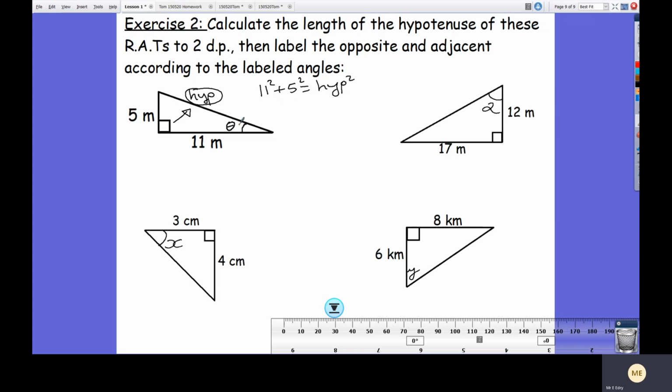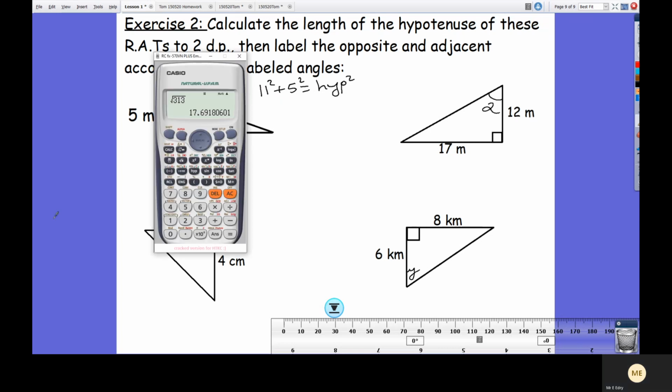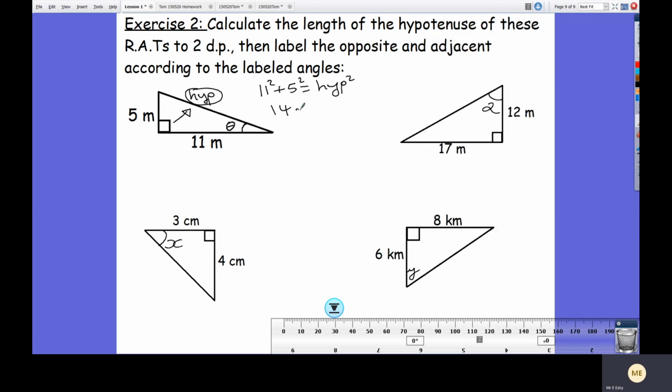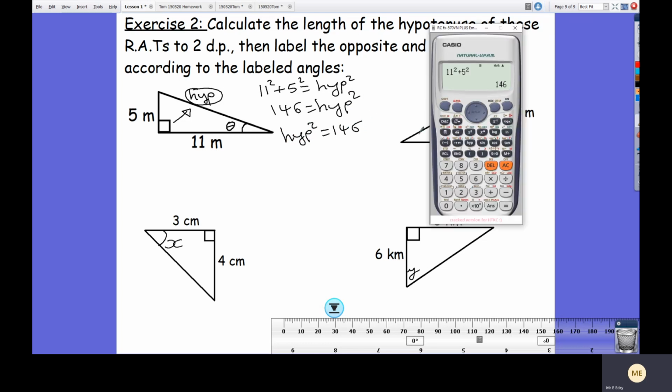5 squared is 25. So let me just get my calculator on the screen for you. So we could do 11 squared plus 5 squared equals 146. So that means 146 is the hypotenuse squared. Just swapping the left-hand side and right-hand side around, hypotenuse squared is 146.